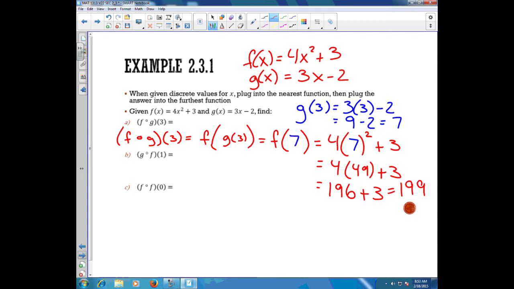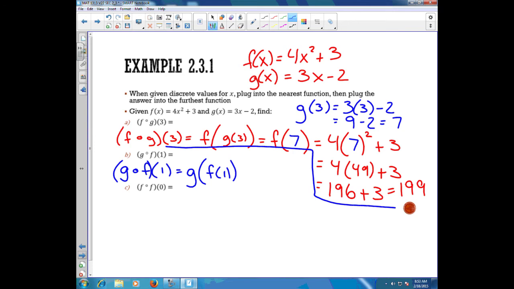Do the same for the next two problems. Except for this, now we're looking for g of f of 1, which means we're going to plug 1 into f first, and then plug the answer into g. Well, f of 1 is just 4 times 1 squared plus 3.